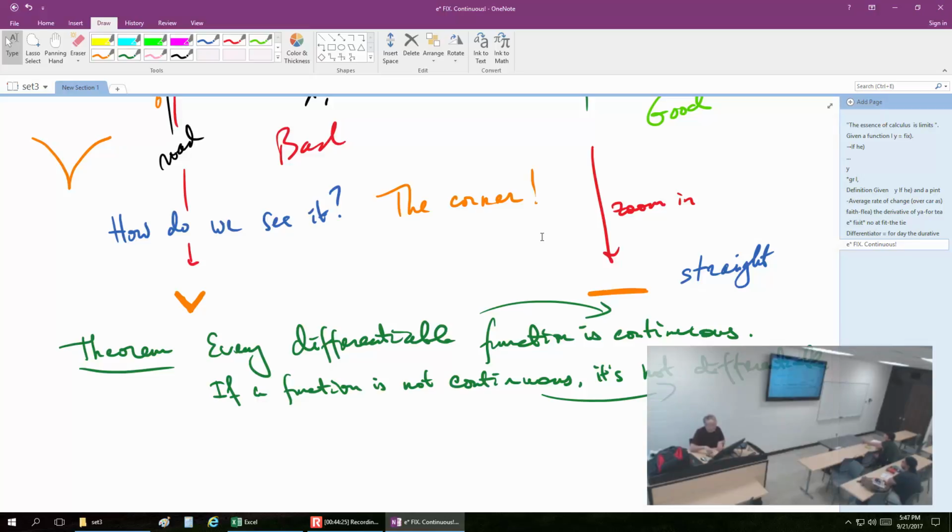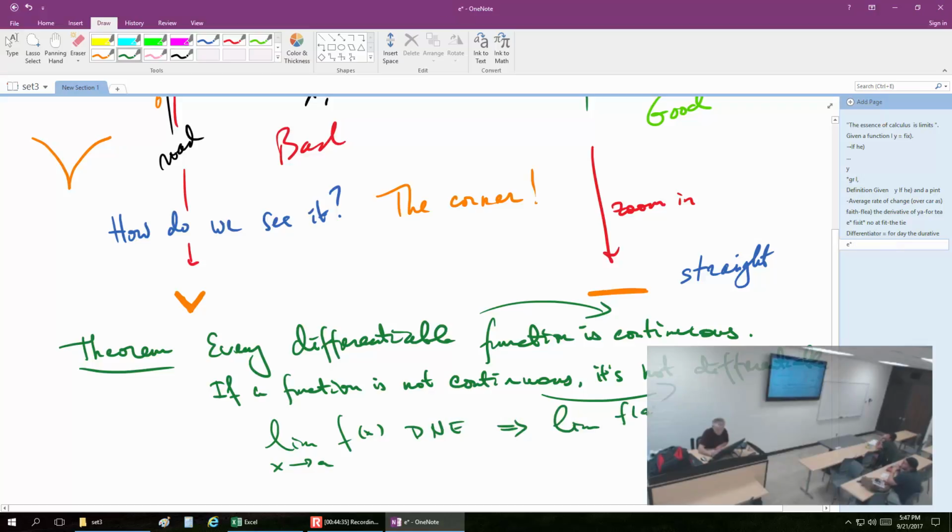So if the limit of f of x as x goes to a does not exist, then the limit of f of x minus f of a over x minus a does not exist either. It takes some time to see, but the second limit is somewhat more complicated.